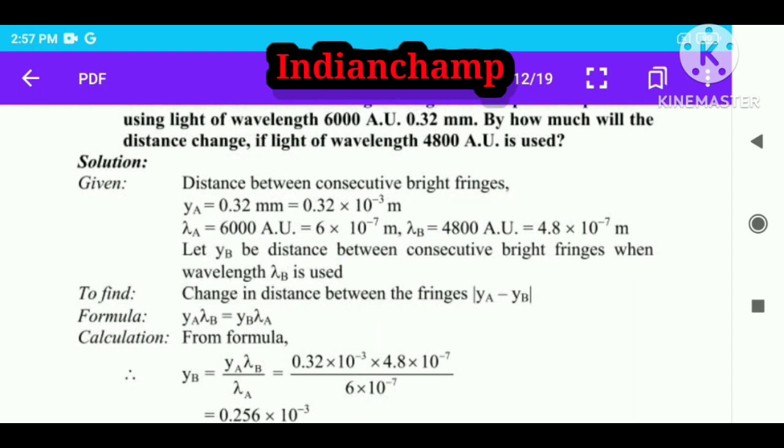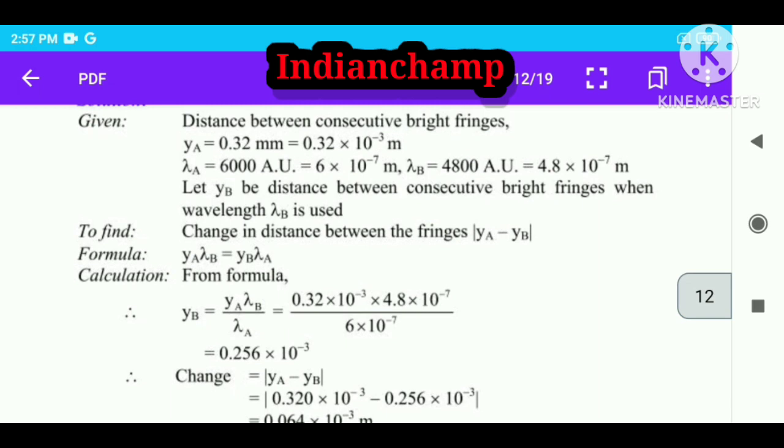Lambda b is equal to 4800 Å is equal to 4.8 into 10 raised to minus 7 m. Let y_b be the distance between the consecutive bright rings when the wavelength lambda b is used. To find the change in distance between the rings, mod y_a minus y_b. Formula: y_a into lambda b is equal to y_b into lambda a.